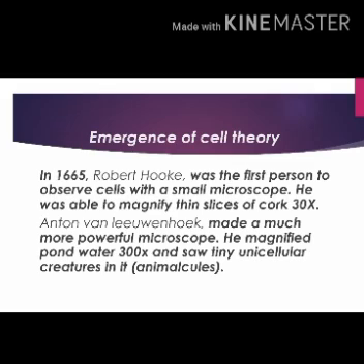Around the same time, the Dutch, meaning Netherlands, scientist Anton van Leeuwenhoek made a much more powerful microscope and he magnified pond water 300x, means 300 times, and saw tiny unicellular, meaning one-cell, creatures in it.